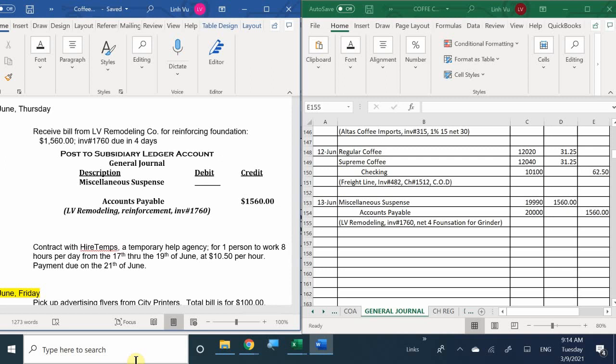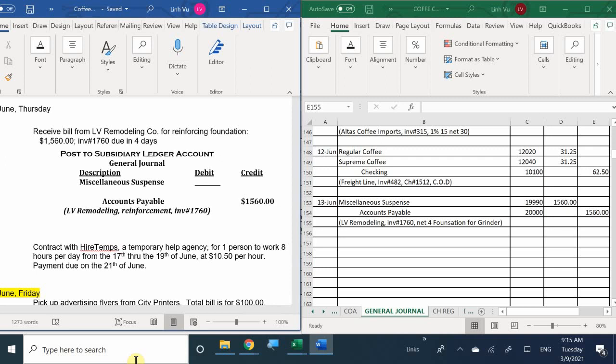So here, what kind of information is this? Can we journalize this? No, not yet. We only hired them.